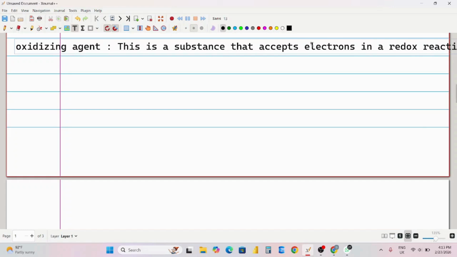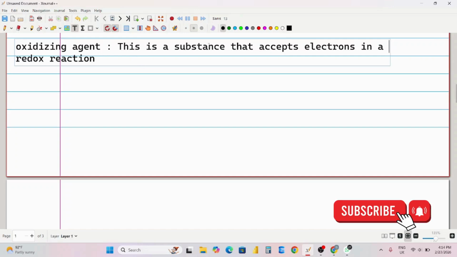That's what an oxidizing agent is. Emphasis on accepts electrons. A substance that accepts electrons in a redox reaction.